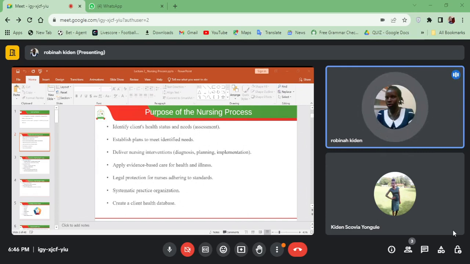Then interpersonal interaction, the therapeutic nurse-patient relationship. We have that in the nurse-patient relationship, which is purposive, and it is targeting the care that we give to the patient. Other than that, there is no other.